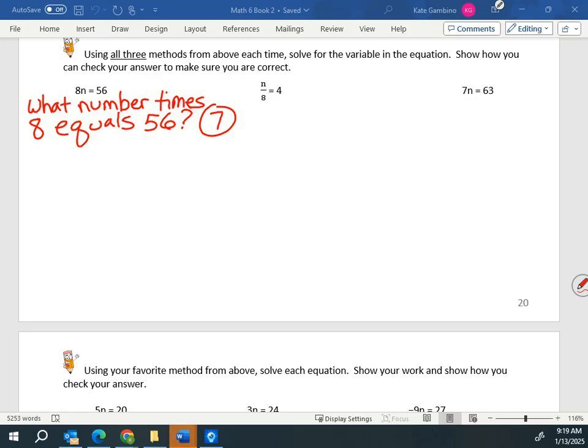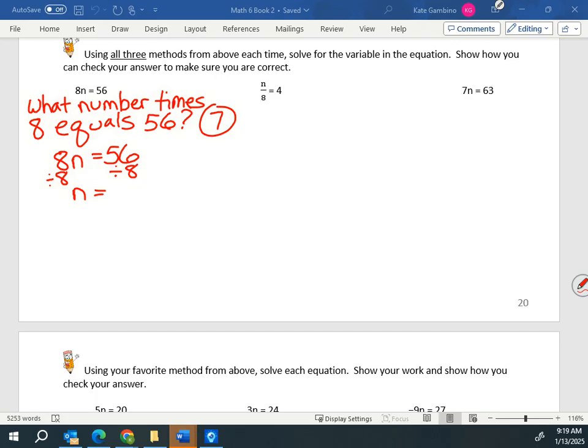If I do opposite operations and I have 8n equals 56, what do I have to do to solve that? 8. I'm going to divide both sides by 8. 8 divided by 8 is that 1, so I can just put n.